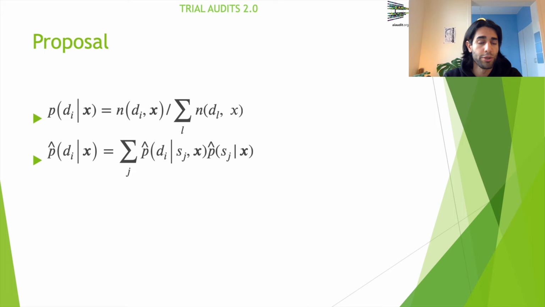So our algorithm will produce some kind of signal, which might be a probability or a p-value, and this is then multiplied with P hat of Sj given X. So how likely is it to see a signal given the cell?